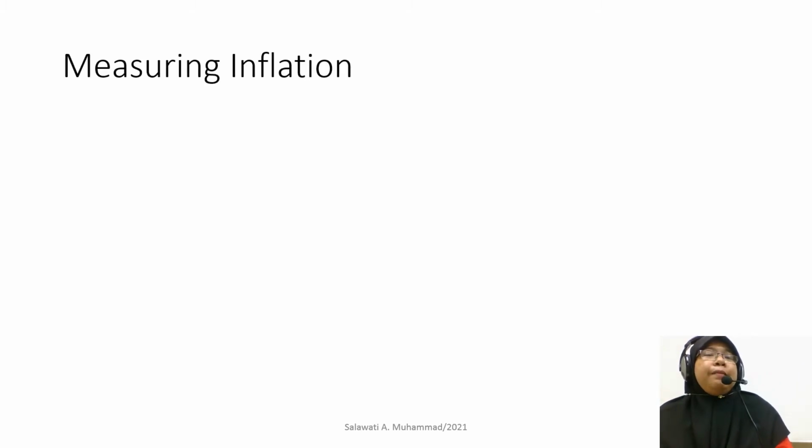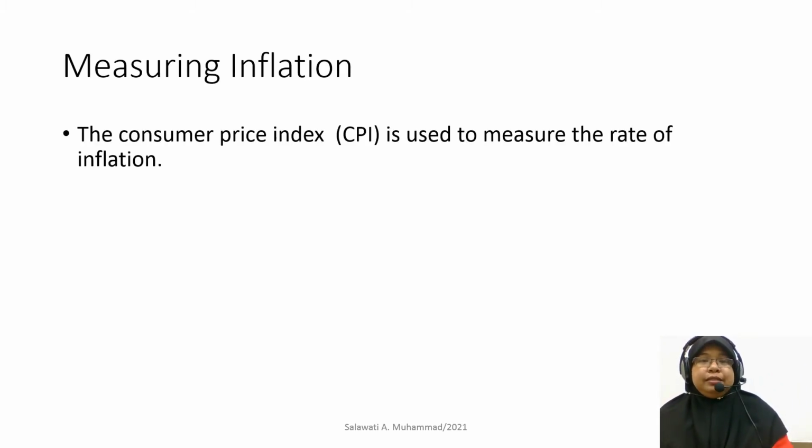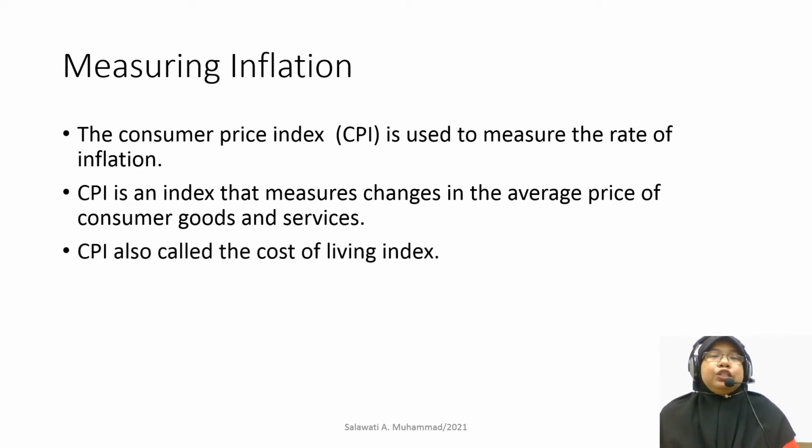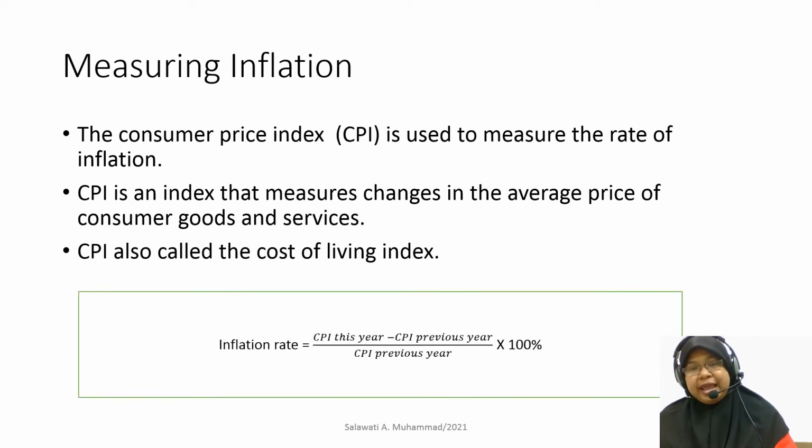So how do we measure inflation? We use CPI. Okay, Consumer Price Index. So CPI is an index that measures changes in the average price of consumer goods and services. So it is also called the cost of living index.